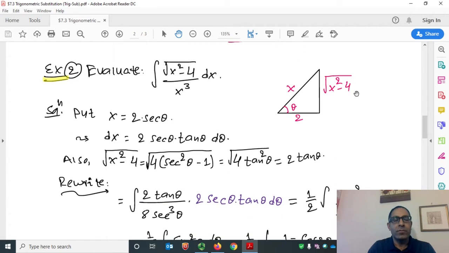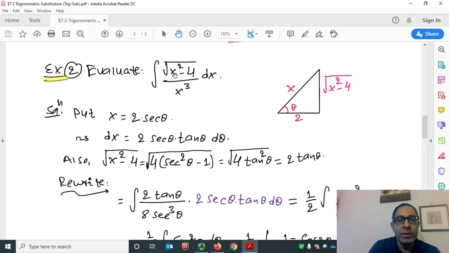Example 2. Evaluate the integral radical x square minus 4 all over x cubed. So it's an integral of the third type, so we put x equals 2 secant theta and take the derivative. dx equals 2 times the derivative of secant theta, which is secant theta tan theta d theta.